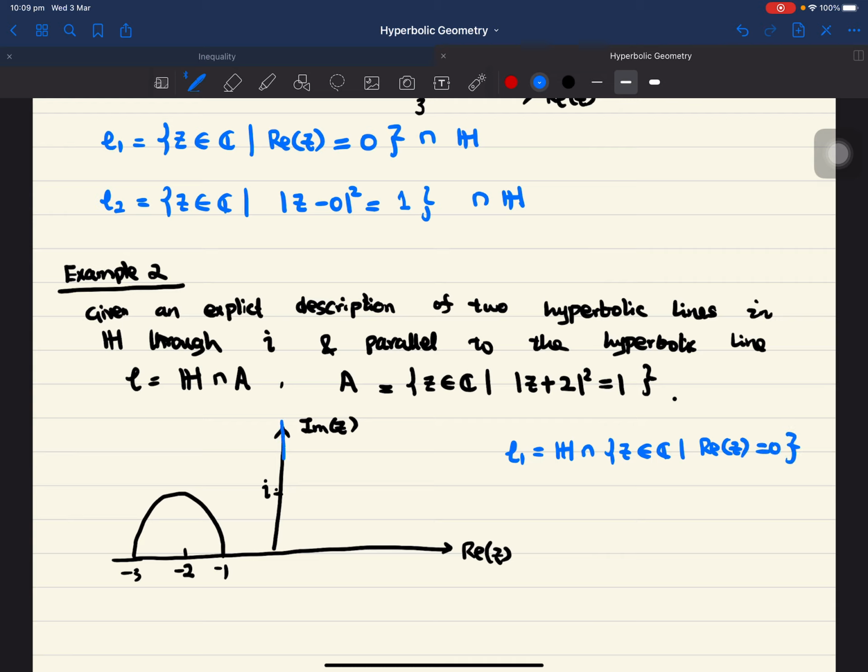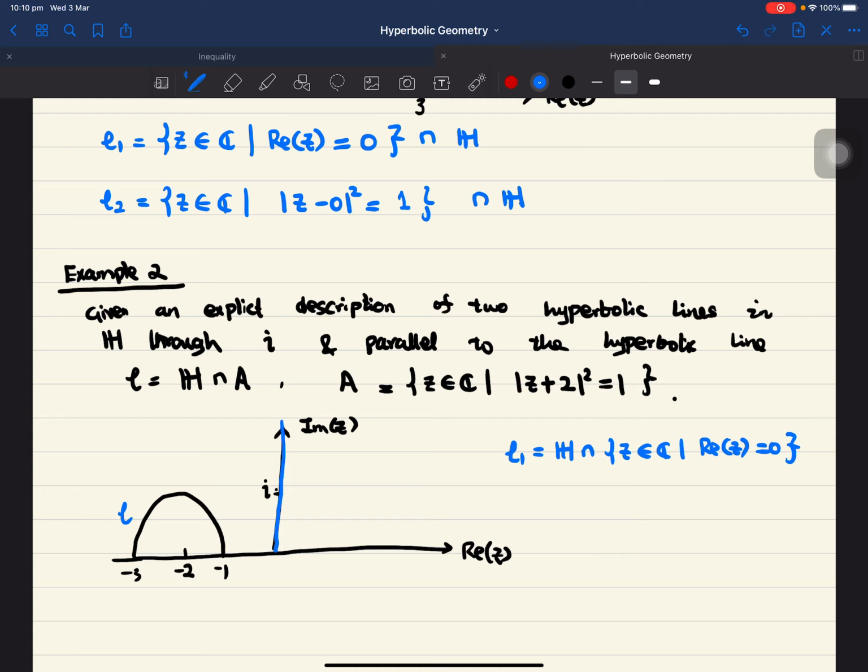So it's the imaginary line again. And for the second one, we want to construct a hyperbolic line that is parallel to L and also passing through i.